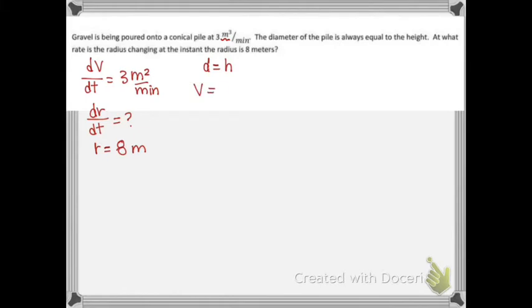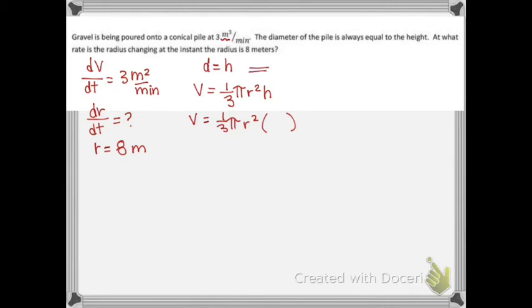So we're going to take our volume equals 1/3 pi r squared h, the volume formula for a cone, and we're going to substitute in place of h some expression with r so that we can get our volume only in terms of r. So they did tell us that the diameter is equal to the height.